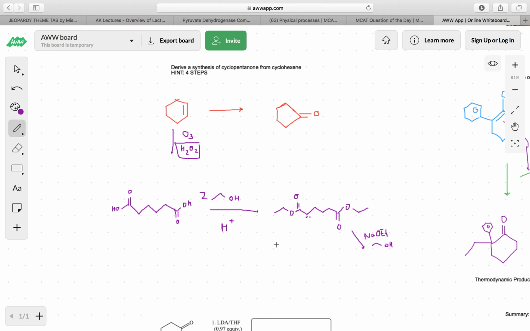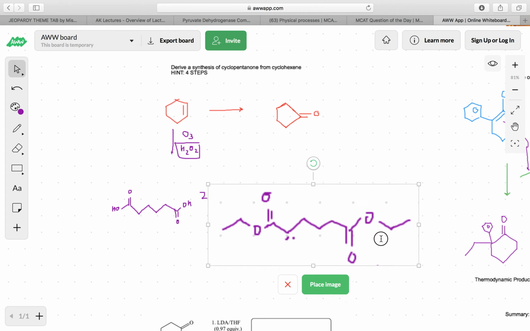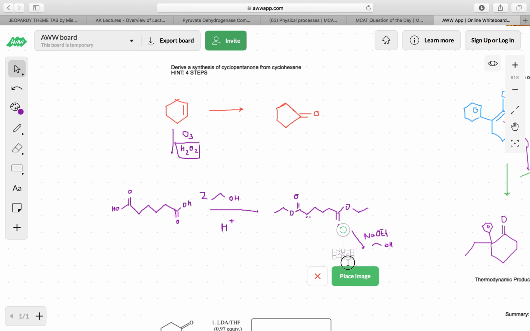So let's redraw that. So we should get something like this. So now we created a nucleophile in our entire molecule.